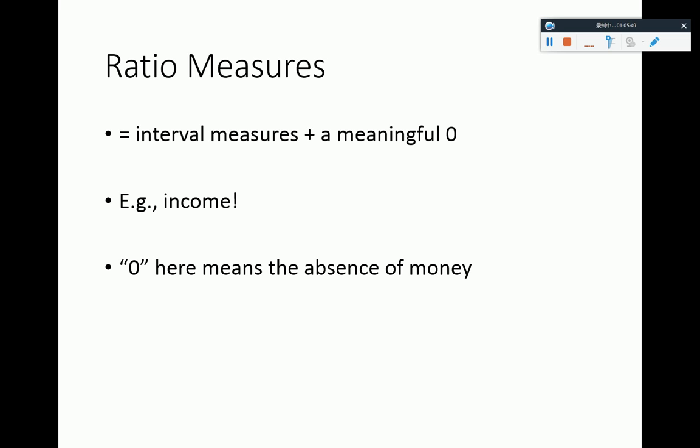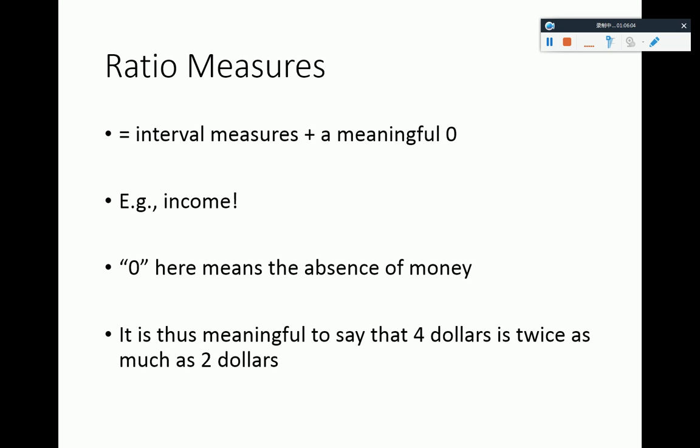It simply means, and it certainly means, that you don't have a dime, right? You don't have any money in your pocket. So this is a real 0. And exactly because the 0 is real, you can meaningfully say that $4 is twice as much as $2. And if you earn $4 and I earn $2, you can meaningfully say that you are twice as rich as Andrew.